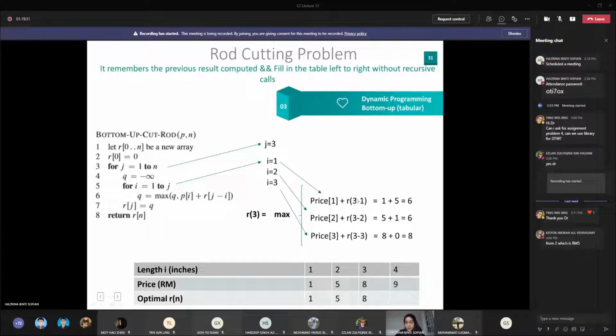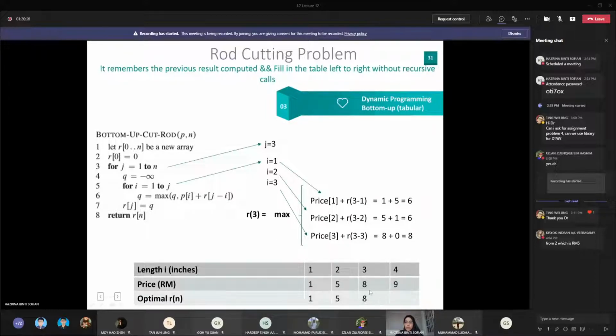Now our j is 3, so 3 minus 1, 3 minus 2, and 3 minus 3. From here we can get 6, 6, and 8. So we know that the maximum price that we can get is 8 ringgit.